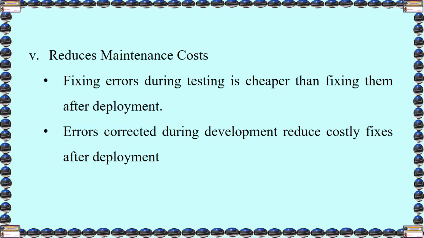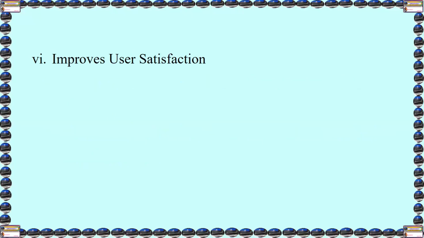If the system is tested early and errors corrected early, then any maintenance cost later becomes cheaper. In addition, when errors are corrected during development, they reduce the cost of fixes after deployment.